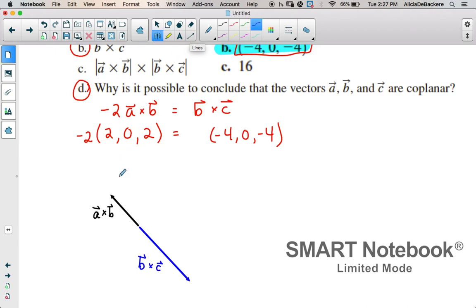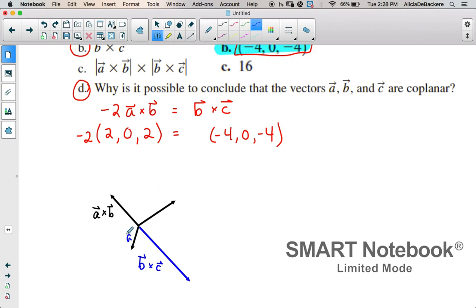But remember that A cross B came from taking some vector B and crossing it with A. So if I've got B here and I've got A here, let's say those are my A and my B. I'm just drawing them. I'm not actually referencing the points, so I don't know if that's the right direction or anything like that.